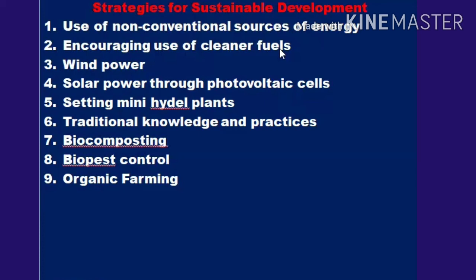Such power plants are environment friendly as they do not change the land use pattern in areas where they are located. They do not need large scale transmission towers and cables and avoid transmission loss. So these types of plants have to be introduced in mountainous areas.